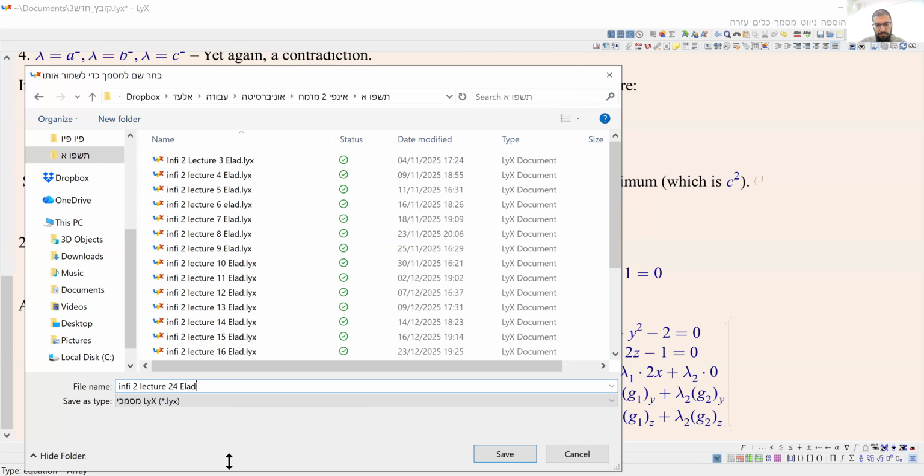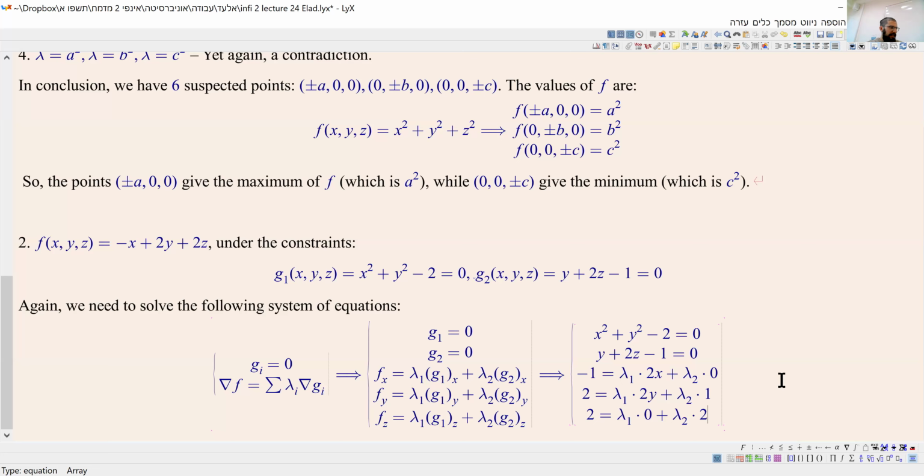Okay. We need yet again to solve this system of equations. It's not necessarily linear. It is not linear in this specific case. So according to the eye, what seems the best way for you to solve it? I mean, the fifth equation gives us lambda 2, for example. So we find lambda 2, we move on.